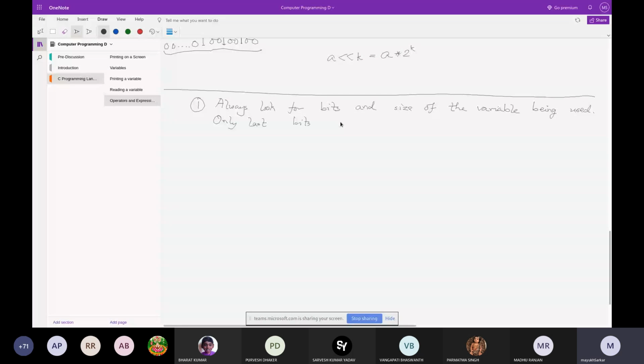And another important point: among the remaining bits, if the first bit is 1, again look for the data type, whether it is unsigned or signed, and evaluate accordingly.